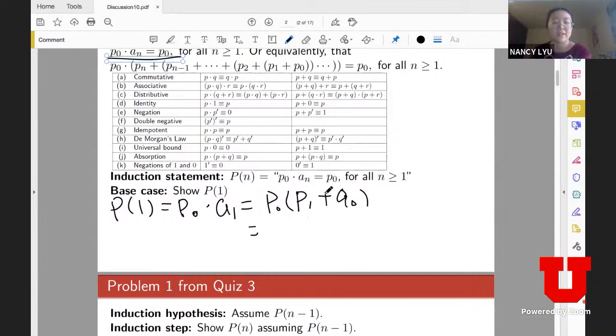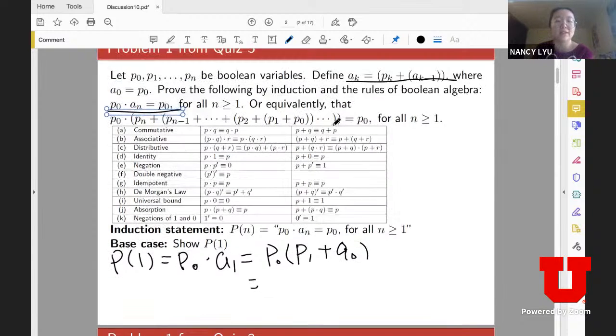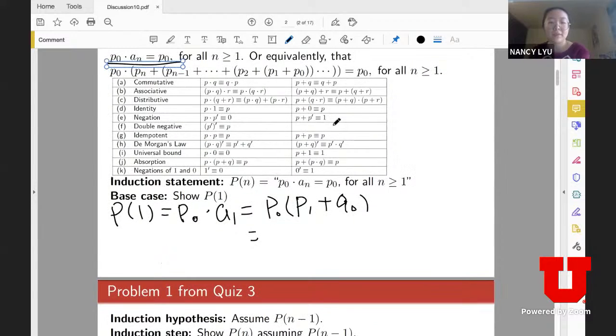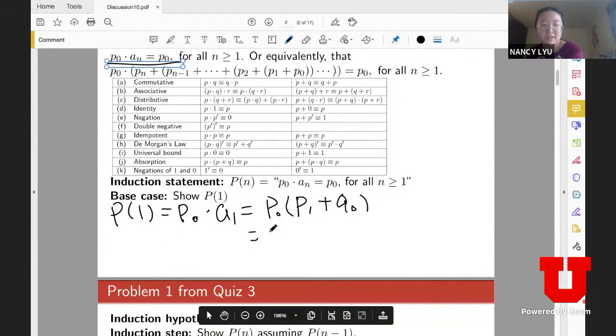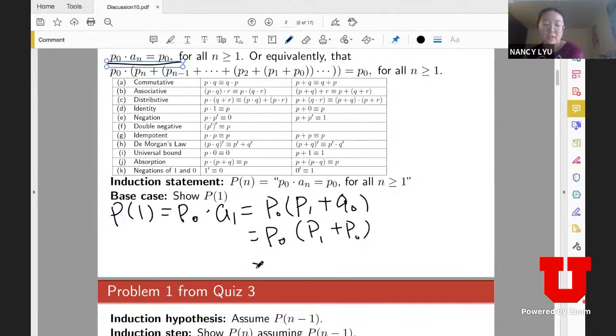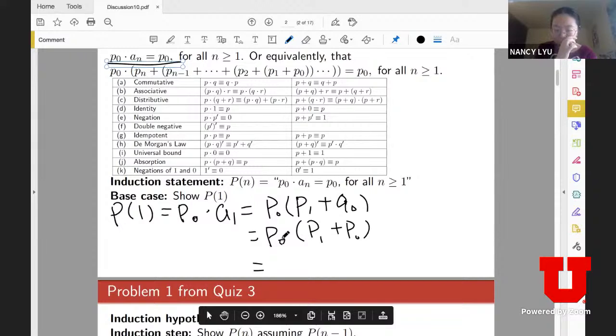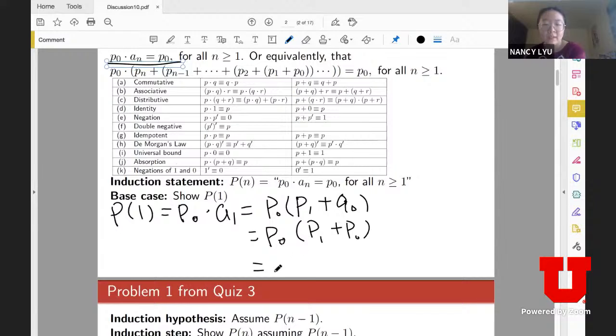And then we assume that A0 is equal to P0. So we can substitute that in, which we got P0 times P1 plus P0. And then we can use the rule in the table, which is the first one, commutative. You can switch the order of these two.